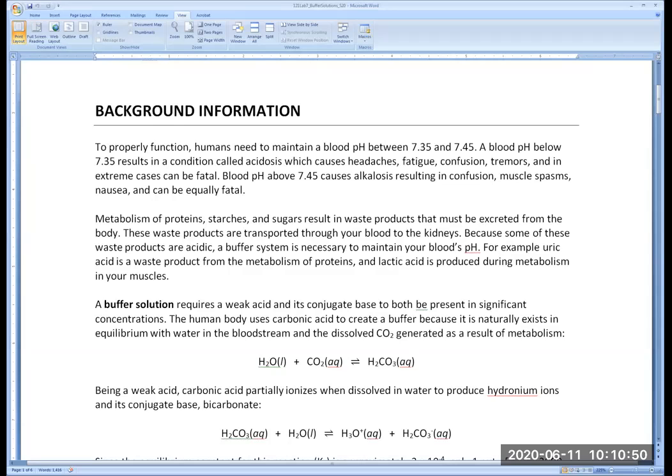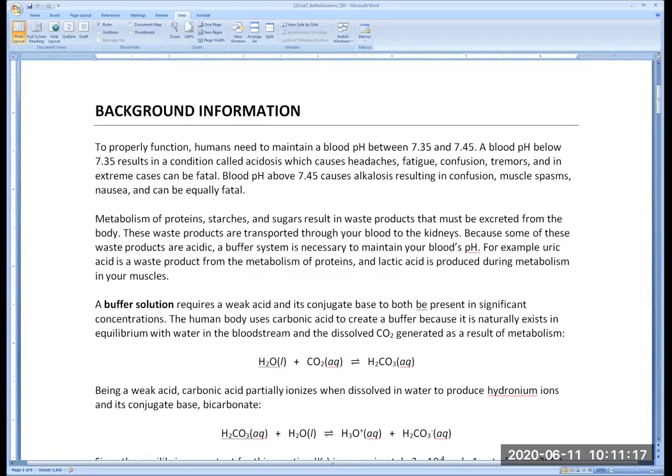For example, uric acid is a waste product from the metabolism of protein, and lactic acid is also produced during the metabolism of your muscles. So they go into the blood, they could make your blood acidic, and this cannot happen because this would jeopardize the nature of the proteins that are necessary for your body to function properly.